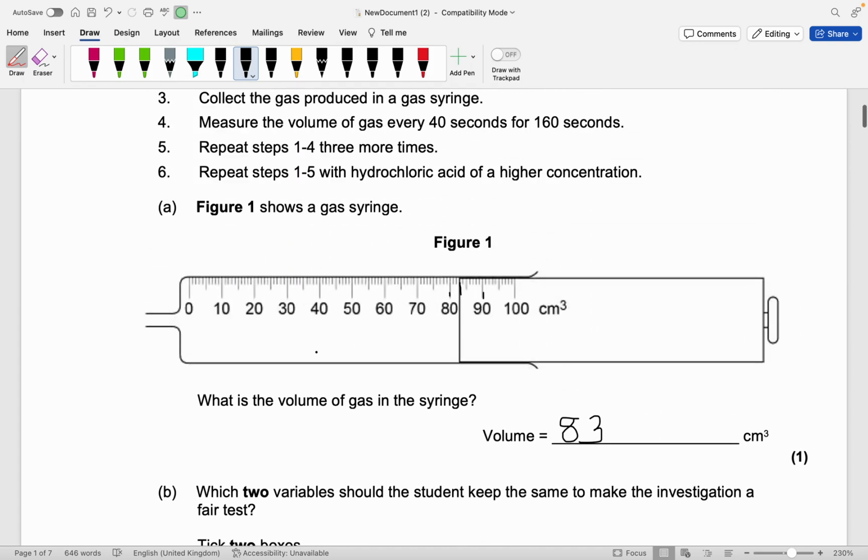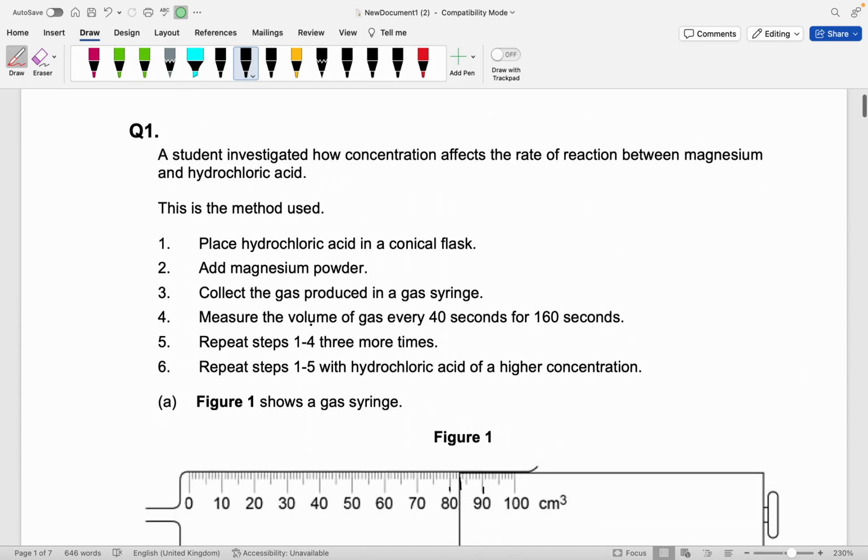So let's have a little look at our experiment again. It says, place hydrochloric acid in a conical flask, add magnesium powder. There is one we were talking about before, that we didn't know how much magnesium to put in, and we didn't know how much hydrochloric acid to put in. So we'll carry on going.